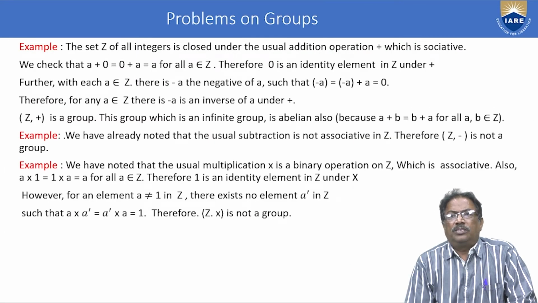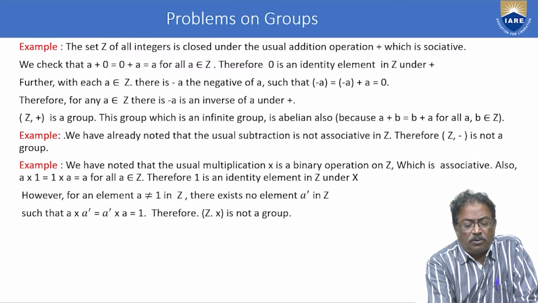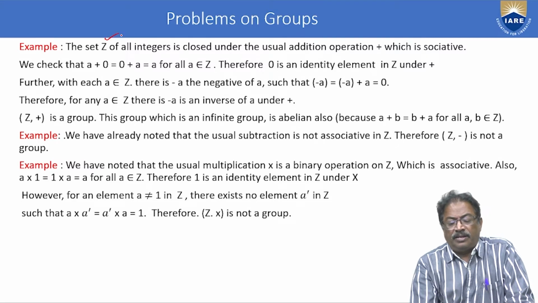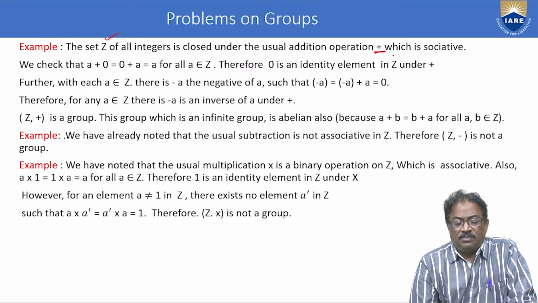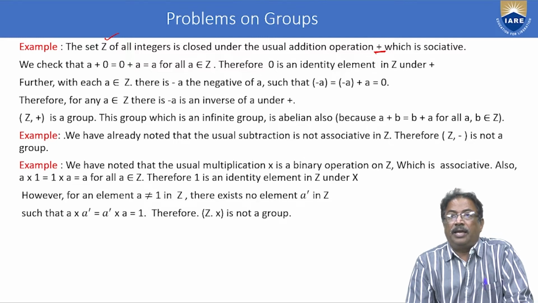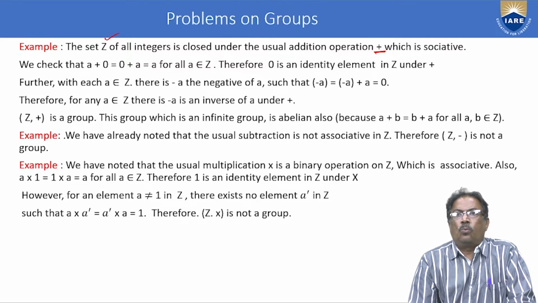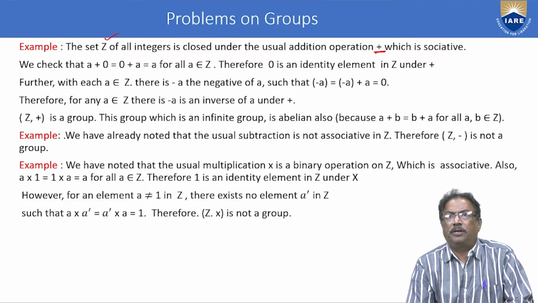Now, we are going to discuss some problems and examples on this. Suppose Z is the set of integers under the binary operation plus. If I add two integers, the result is also an integer, and integers satisfy the associative property.